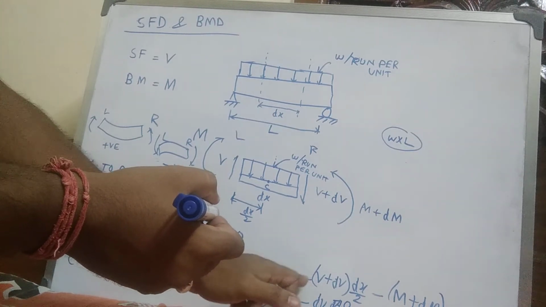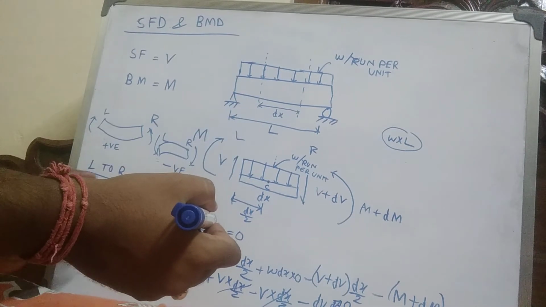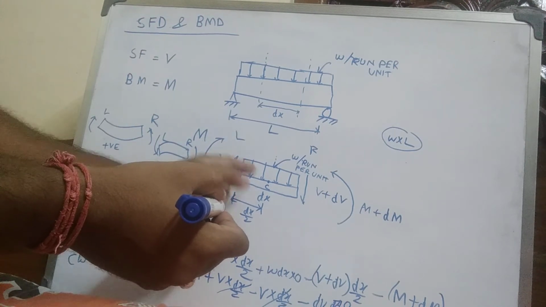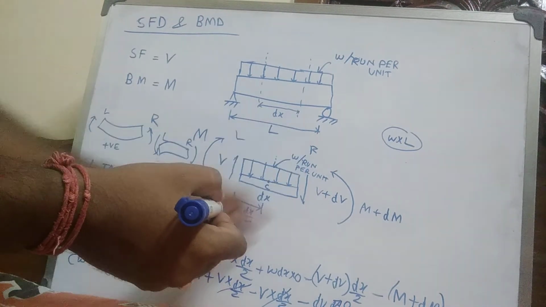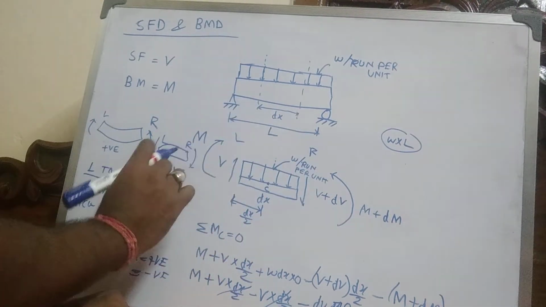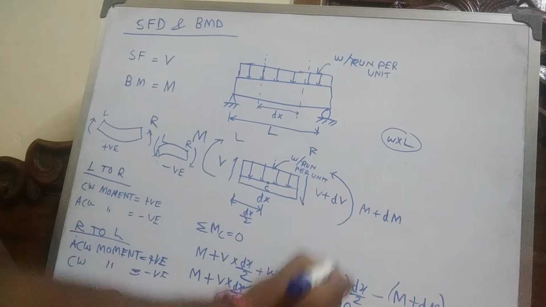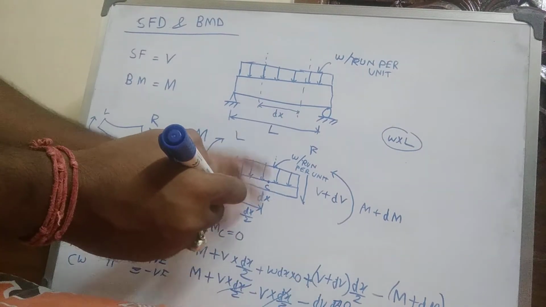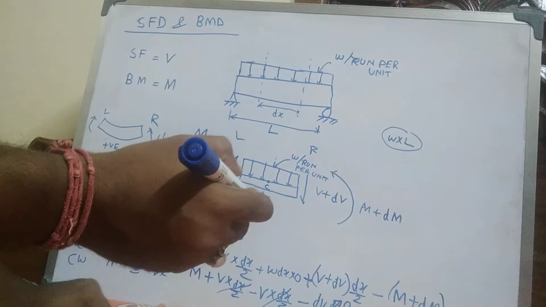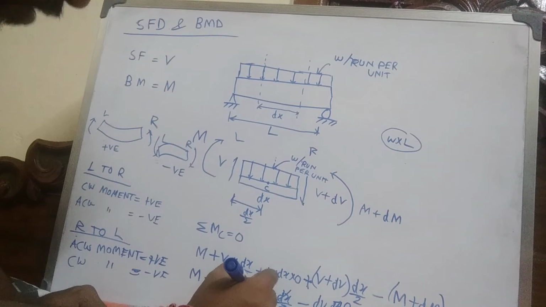Understood this point? We are going left to right, and the clockwise moments are positive here. This is clockwise, and this one is anti-clockwise. Sorry, big mistake: this one is a positive sign.